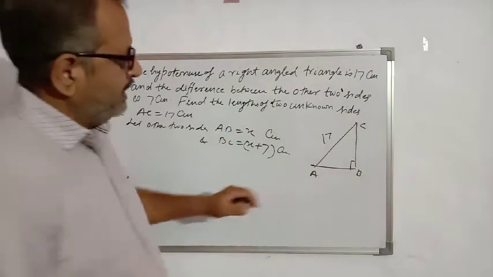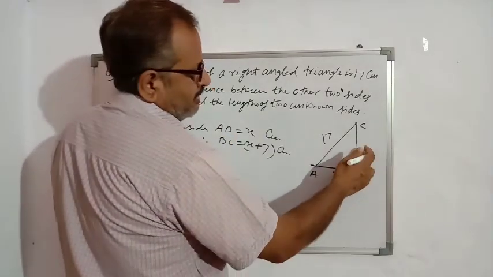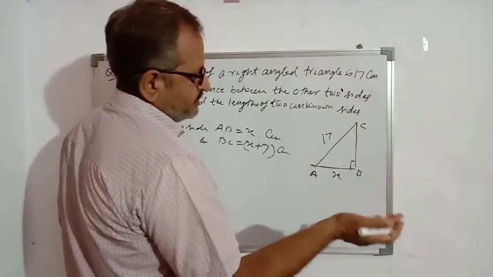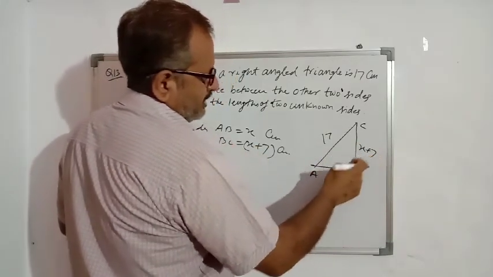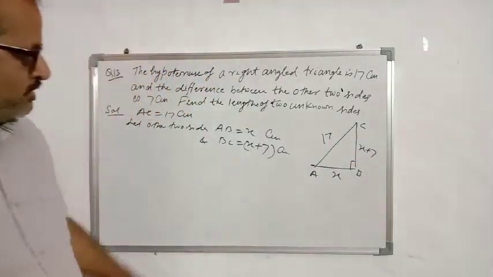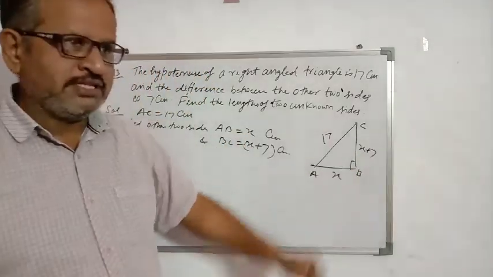So let AB be x. The other will be either x minus 7 or x plus 7, then the difference will be 7. So the other two unknown sides are x and x plus 7.